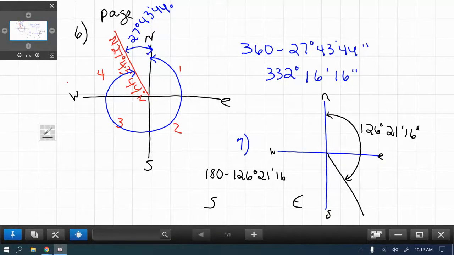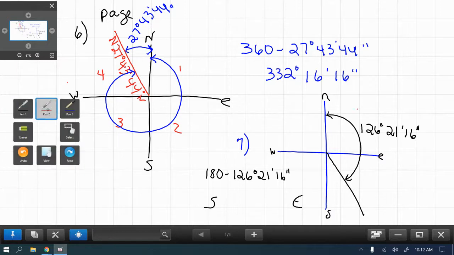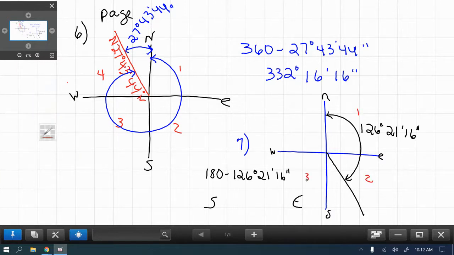Because what's taking place is if it's in quadrant 2, the bearing is the angle it makes from the south. So that's what we're looking for. If you know it's a straight line, 180 minus the 164, I meant the 126, will give you what's left over.